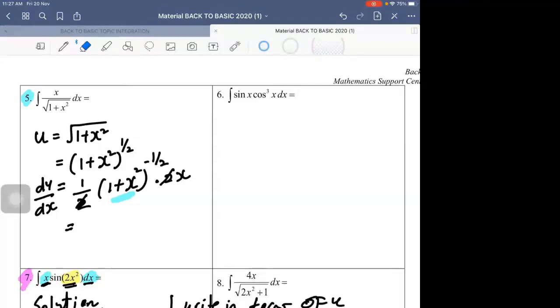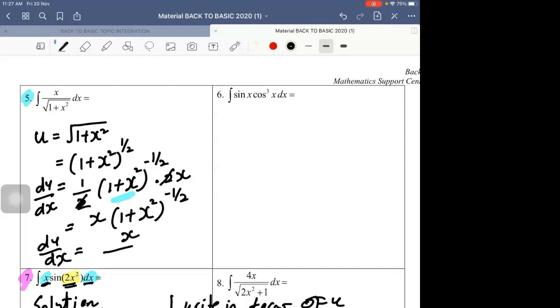Alright, sorry. x times 1 plus x squared power negative half, or I can write this as du dx equal to x over, so power negative half, I bring to the denominator here. So I should have square root 1 plus x squared.